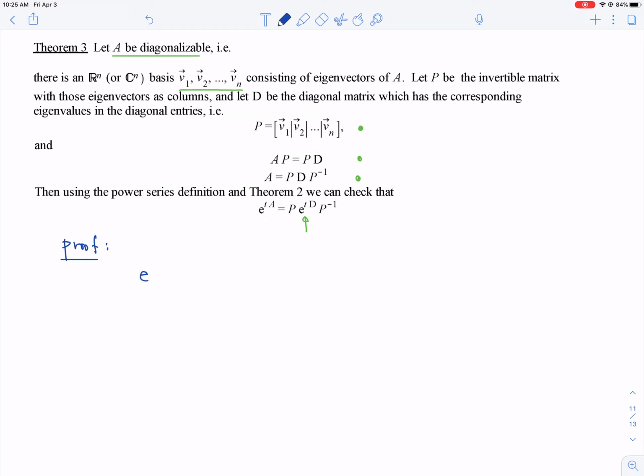Well, e to the tA is the identity plus tA, and A is P D P inverse, plus t squared over 2 factorial A squared, which is P D P inverse times P D P inverse.